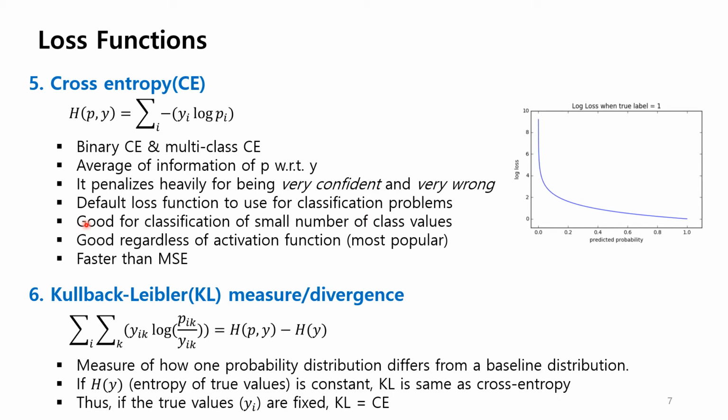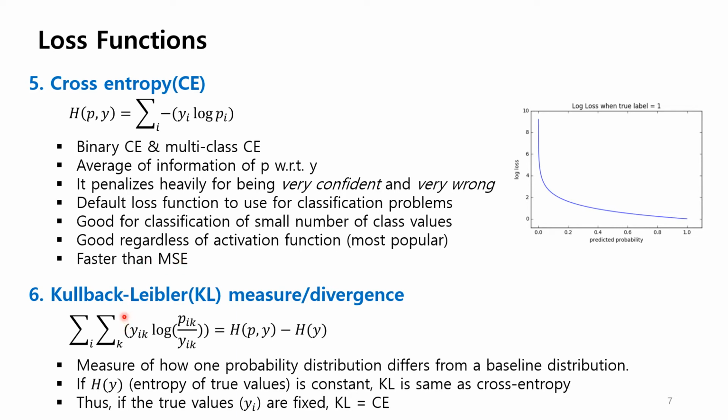And unlike MSE, where I said you had better not use the sigmoid function along with MSE because it makes the training very slow or even saturate, in cross entropy it actually doesn't matter. Cross entropy gives very nice performance regardless of the activation function you use. That's another advantage. And generally, this is faster than MSE. So that's cross entropy.